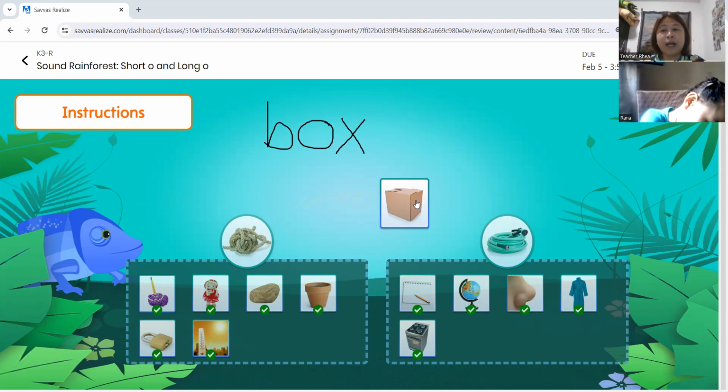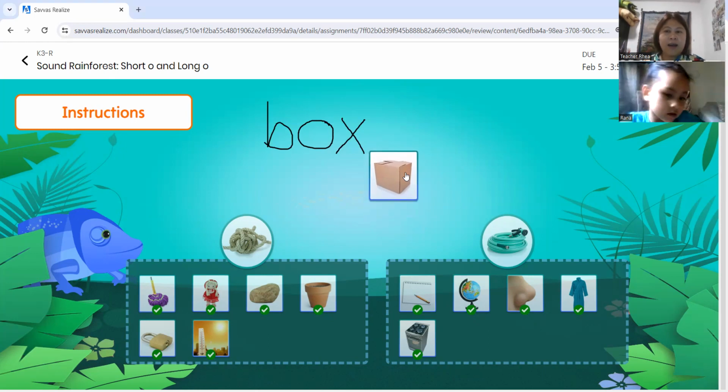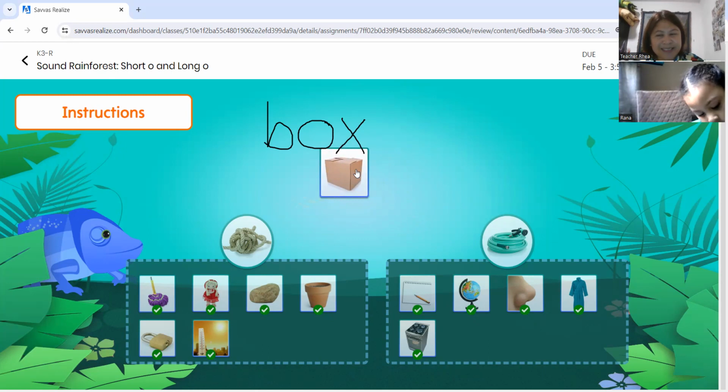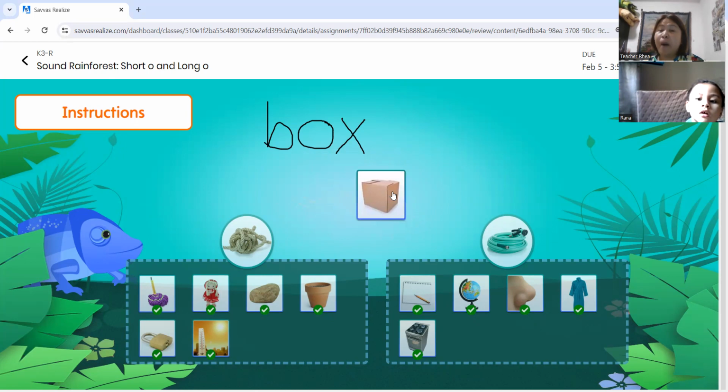So where are we going to put it? Under the knot or hose? Under the hose? It's box.